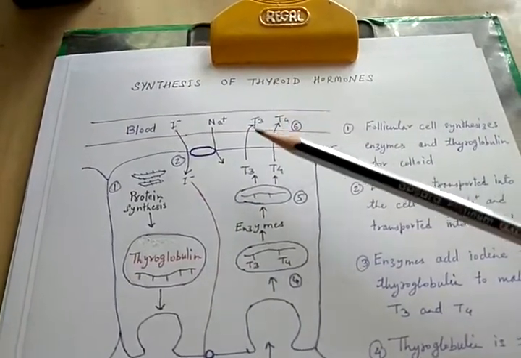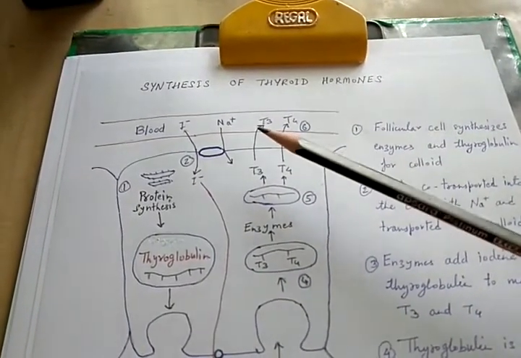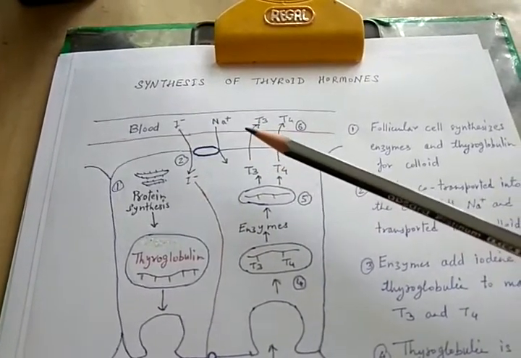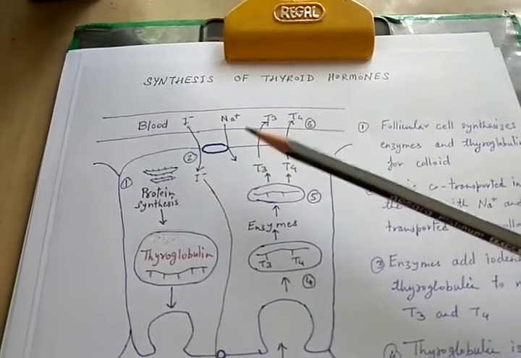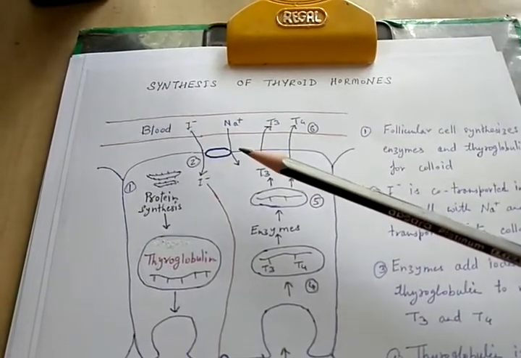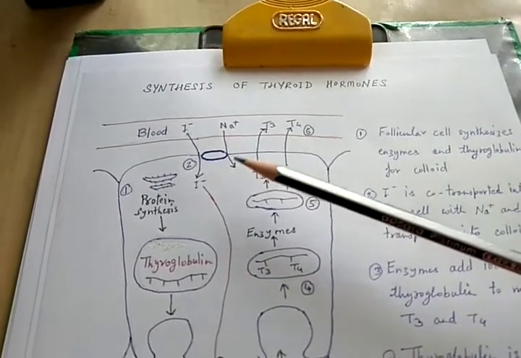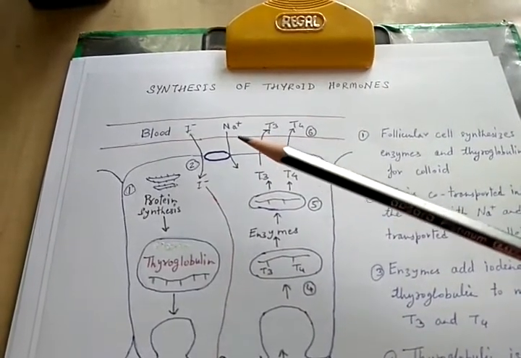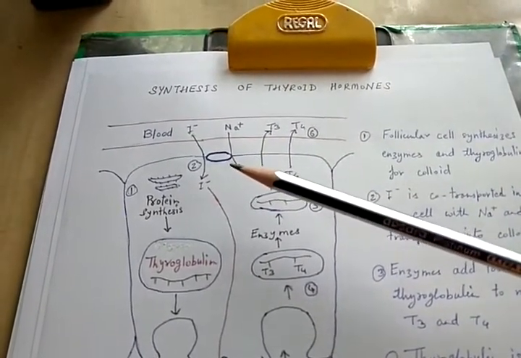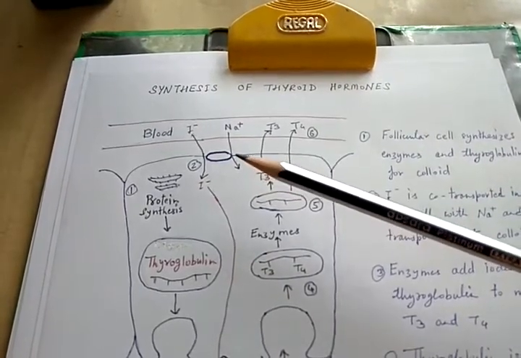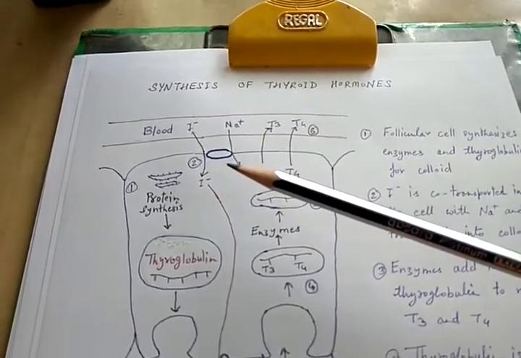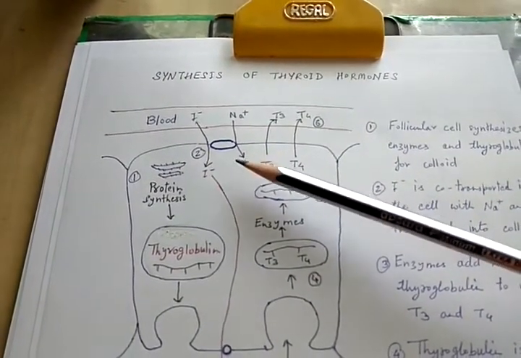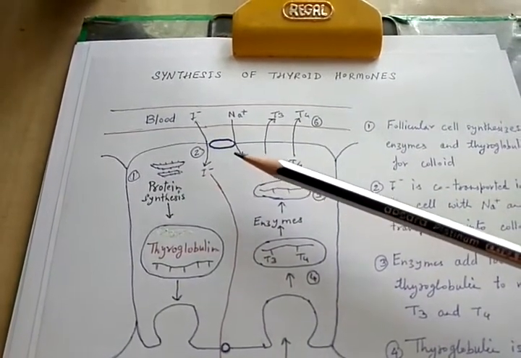So we can see that the iodine, that is in the form of iodide ion, is taken up by the follicular cells along with the sodium ion, and it is done by the sodium iodide symporter, that is also known as iodine trap.